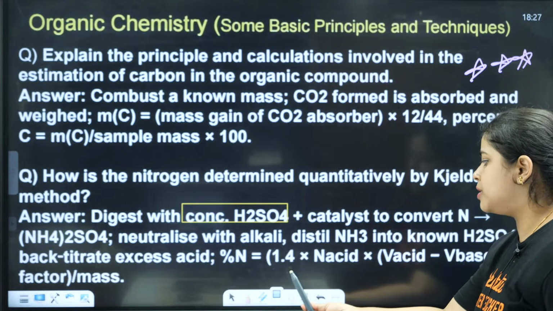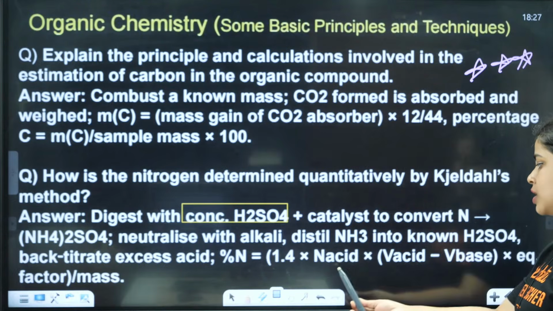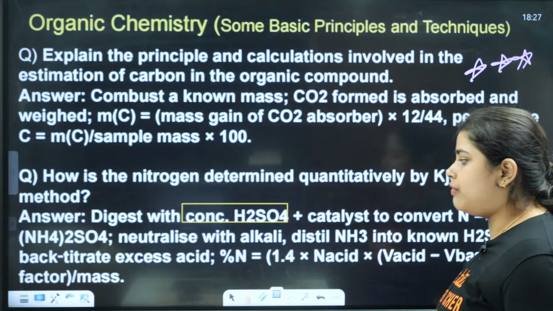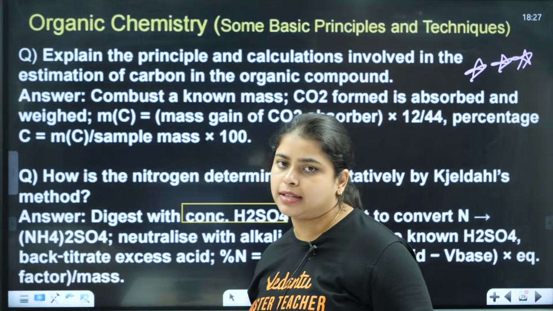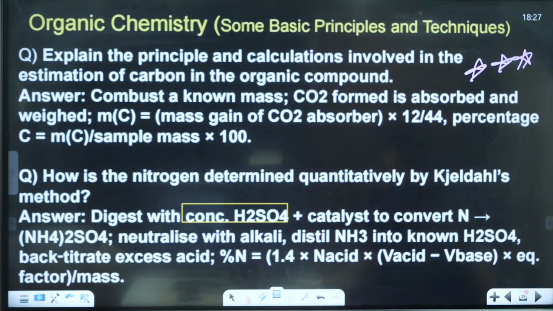Percent nitrogen is 1.4 into N acid into V acid, minus N base into V base, into equivalent factor, divided by mass. This is the formula we are going to use.